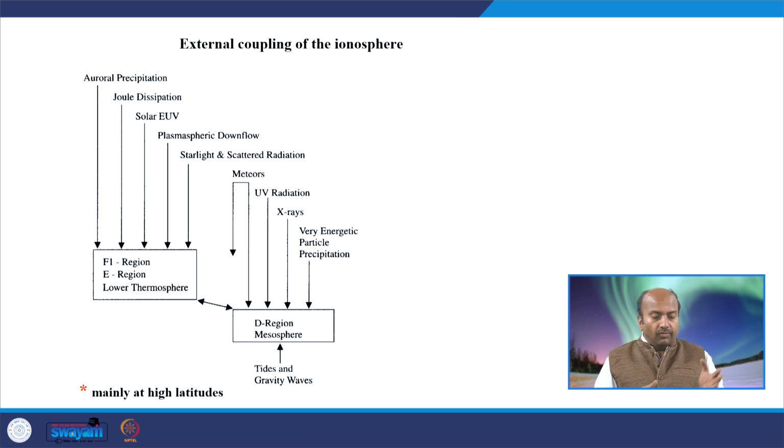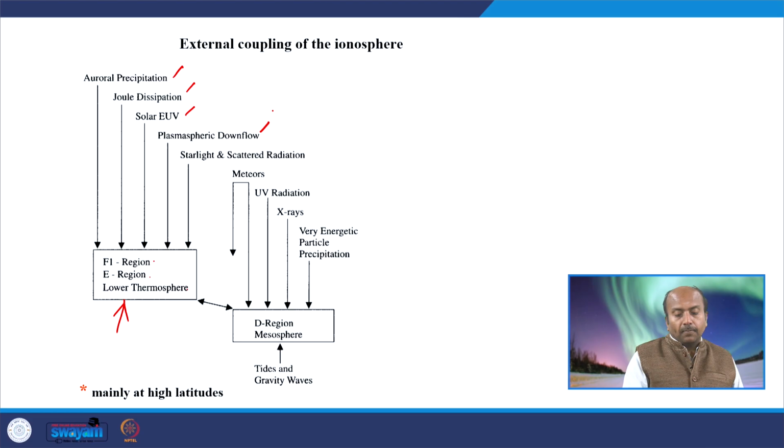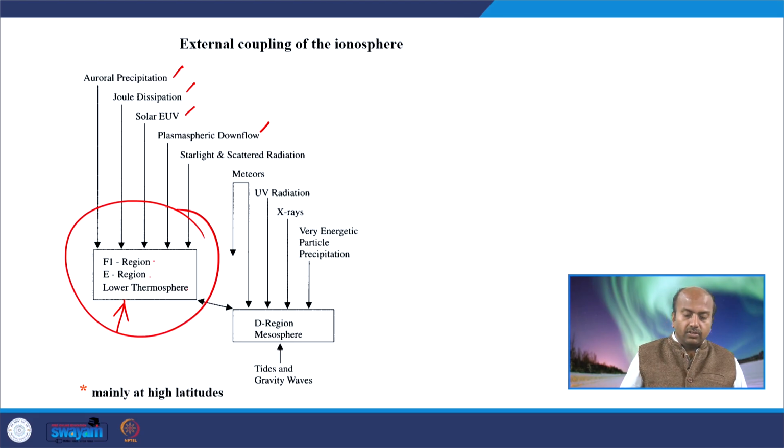Most of them are listed here, and where these phenomena occur is indicated with the help of these two boxes. The E region, F1 region and lower thermosphere is the place where auroral precipitation, joule dissipation, solar extreme ultraviolet radiation absorption, plasmaspheric downflow, scattered radiation, etc., are prominent.